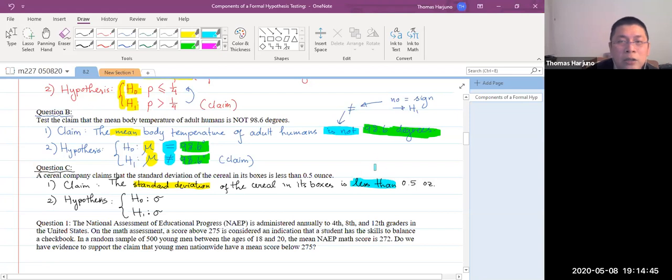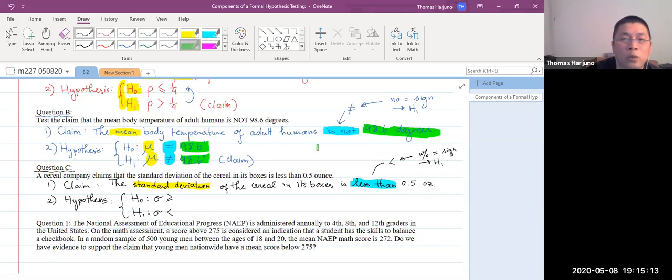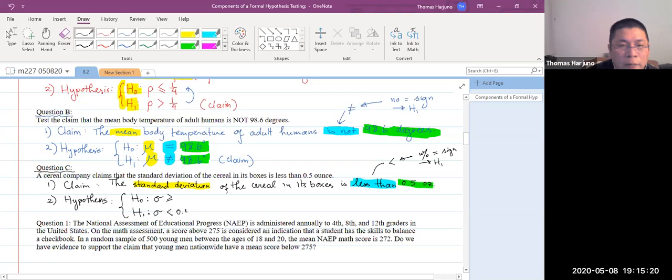Less than does not include an equal sign, so it goes to the alternate hypothesis. So it's less than, and the complement is greater than or equal to, and the constant will be 0.5 ounce.